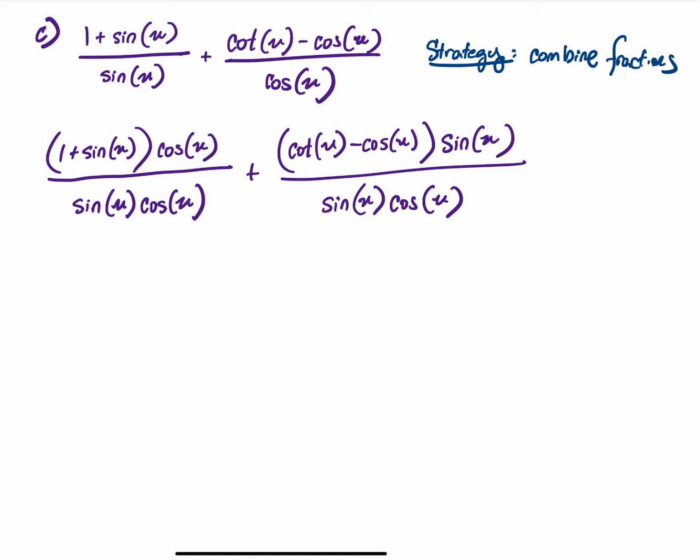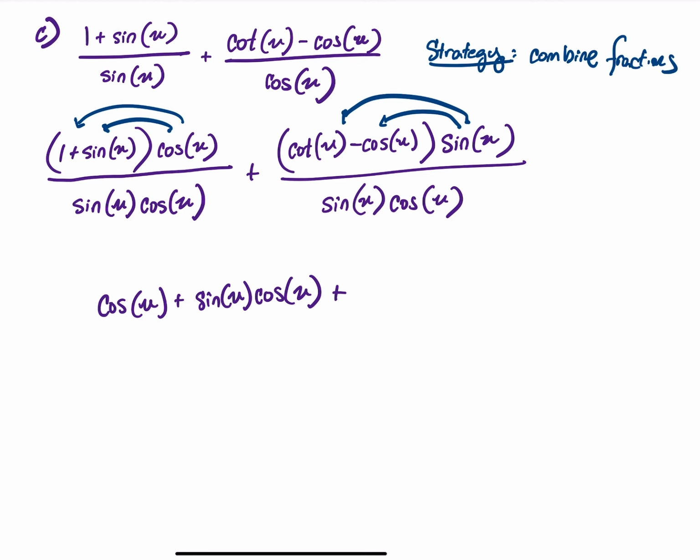So now I have a common denominator. So let's put it as a single fraction. And it's looking pretty messy, but let's see if things simplify. So we'll have a common denominator of sine u cosine u. In the numerator, this cosine will distribute to both of these terms. So I'll get the cosine of u plus sine times cosine plus, and then here the sine will distribute to both terms.